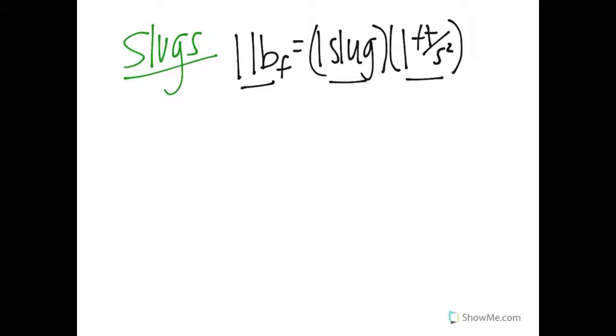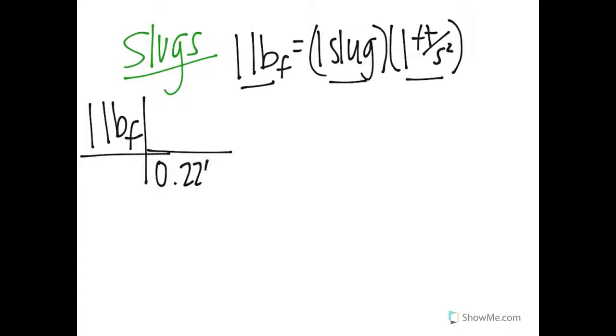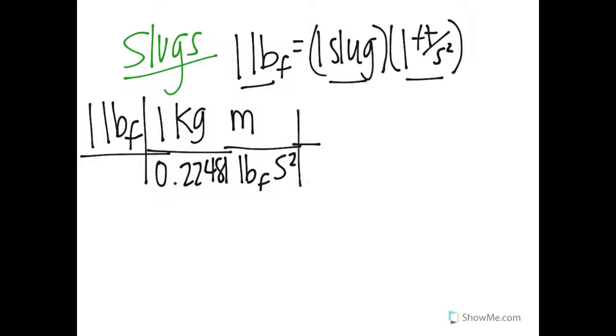Now, to figure out what the heck a slug is, we can take 1 pound force, and 0.22481 pound forces, this is just a straight conversion, is equal to 1 kilogram meter per second squared.